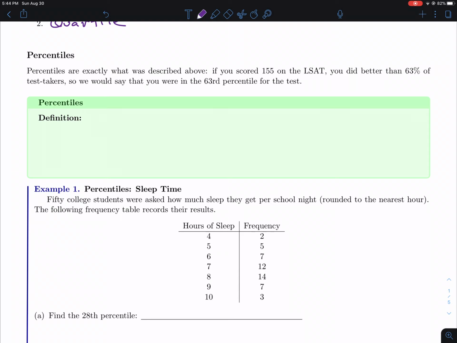So that's at least above 50%, which is good. Now, it depends. Some law schools may not take you unless you're in the top 90, in which case your score wouldn't be that good. But at least it gives you an idea of where you stand.